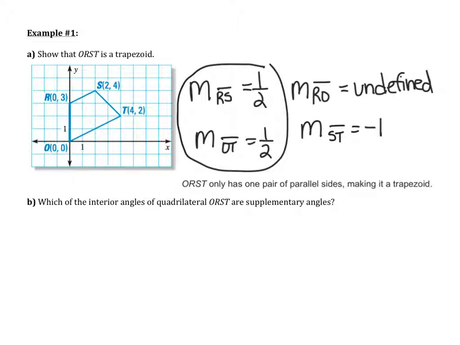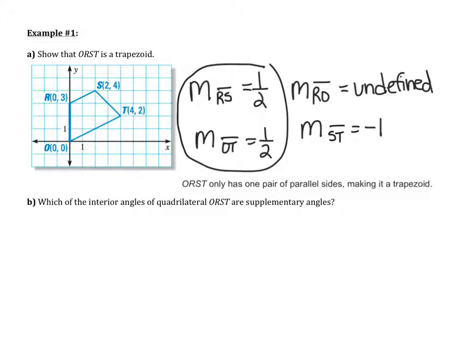Problem B says, which of the interior angles of quadrilateral ORST are supplementary? So think back to the chapter on parallel lines cut by a transversal, which is exactly what we have going on here. We have RS parallel to OT since they had the same slope, and then they are cut by this transversal RO and this transversal ST. So this angle would be a consecutive interior angle with this angle.